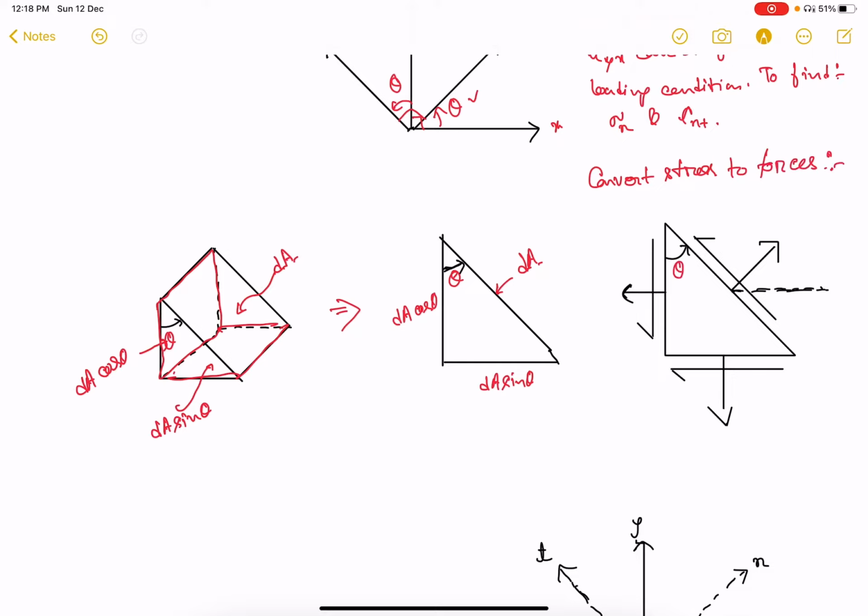It is sigma n dA and tau nt dA, sigma y dA sin theta, sigma x dA cos theta, tau xy dA cos theta, and tau yx dA sin theta. We just multiply the stresses with their respective areas of cross section.